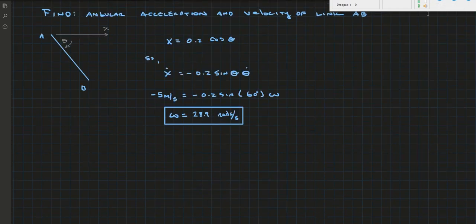Let's move on to the acceleration. If we differentiate this again, x double dot equals 0.2 cosine of theta dot, and then we also have to multiply this by our current theta dot here, and then, since we're doing product rule, add to this minus 0.2 sine of theta times theta double dot.